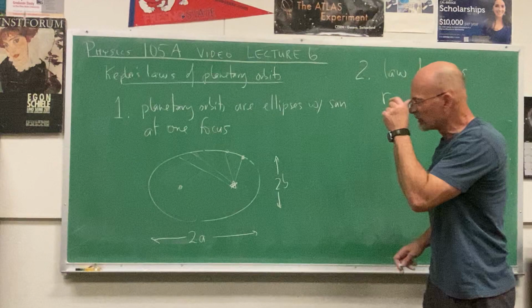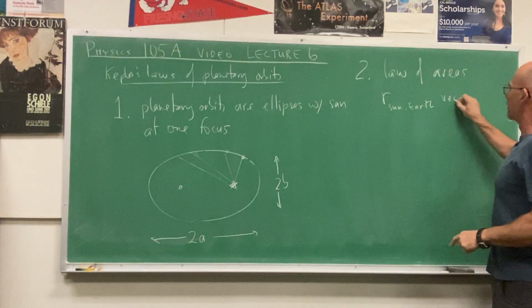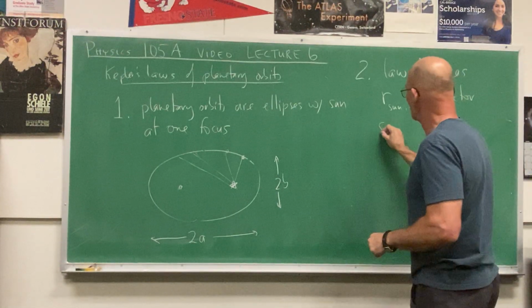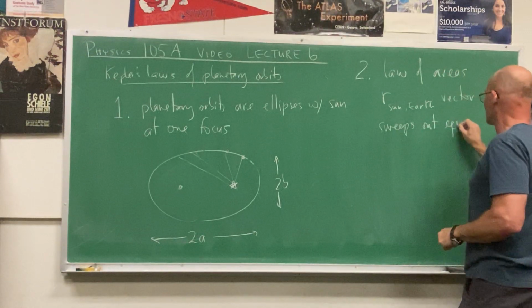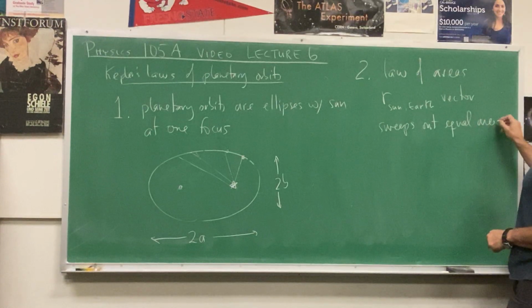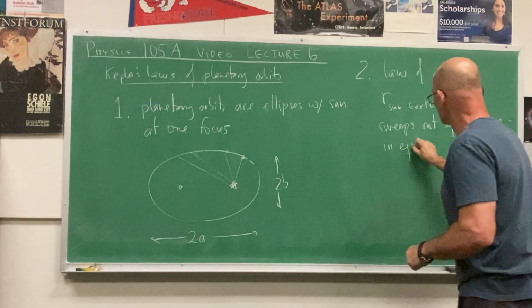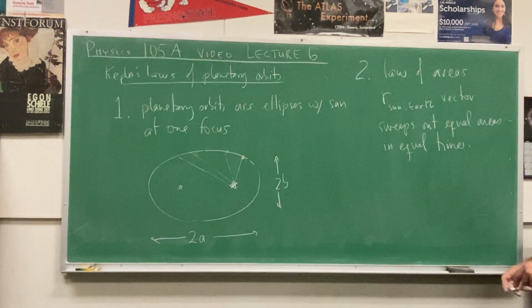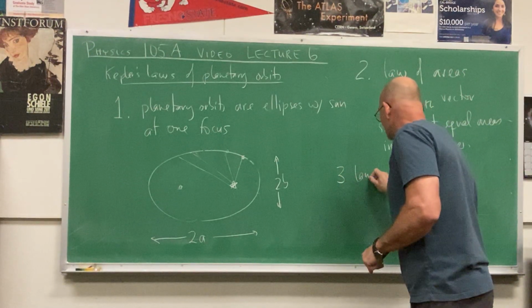And what Kepler found was that the radius vector sweeps out equal areas in equal times. Okay. Good. And the third law is the law of periods.